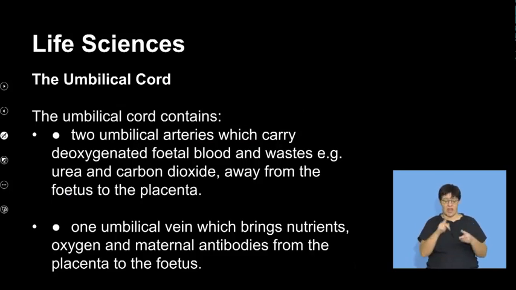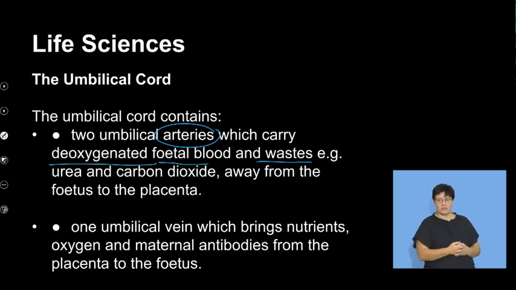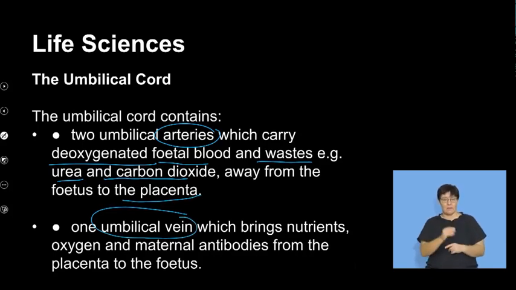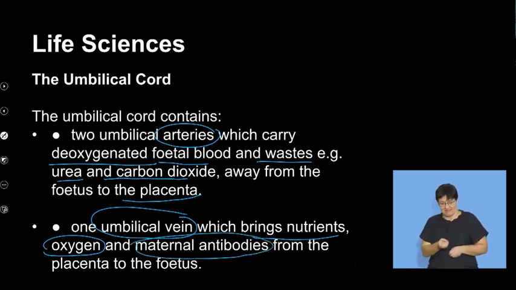The umbilical cord contains two umbilical arteries, and these arteries carry, importantly, deoxygenated fetal blood and waste. Examples: urea and carbon dioxide, which are produced by the fetus. It carries them back to the placenta. It contains one umbilical vein, which brings the nutrients and oxygen from the maternal blood supply to the fetus.